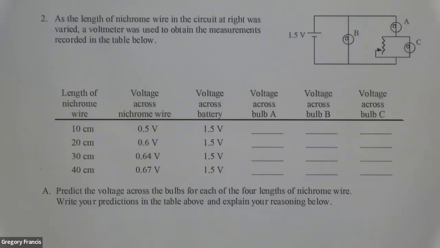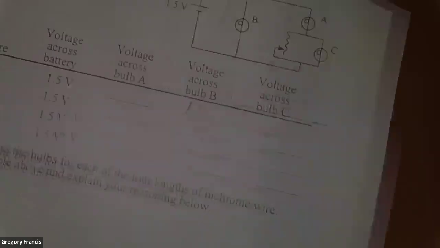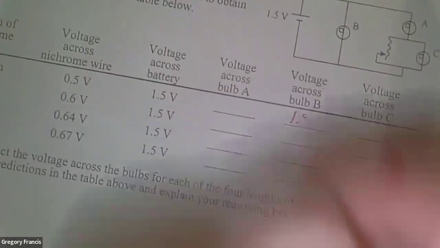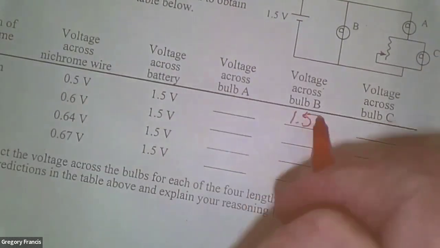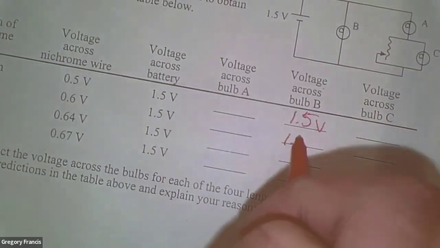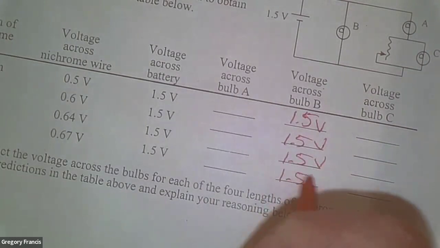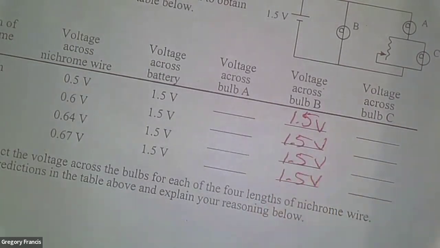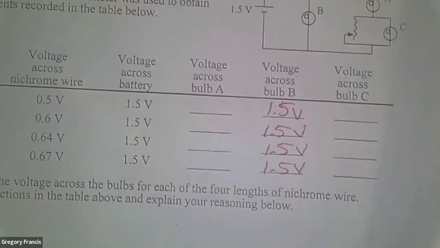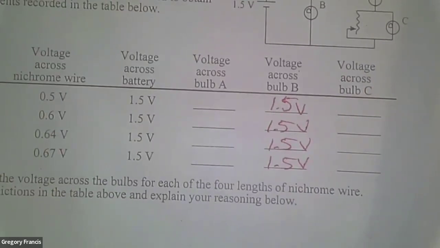So I can just write 1.5 volts, 1.5 volts, 1.5 volts, 1.5 volts. And if this were an exam, you just got points for that. Boy, that's easy.